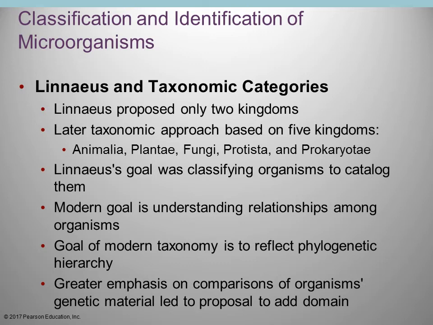Now, when Linnaeus developed this taxonomic category system, it was trying to catalog things, to get a handle on how we name things, how we catalog, how we keep track of everything. One thing I will say is that there have been a lot of changes in the past, say 25 years, with taxonomy. And part of that has to do with the advancement of science.